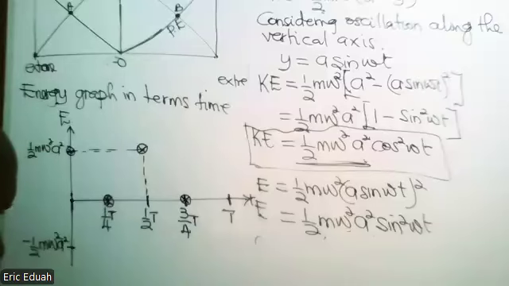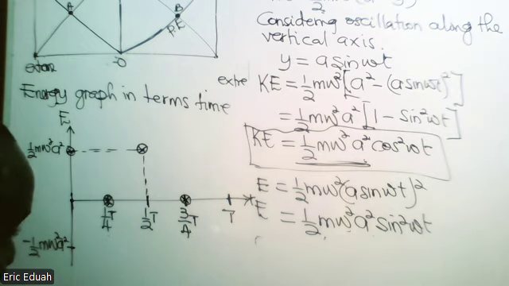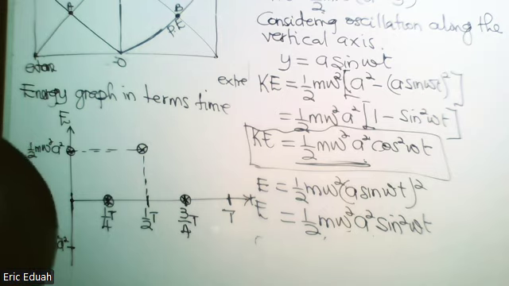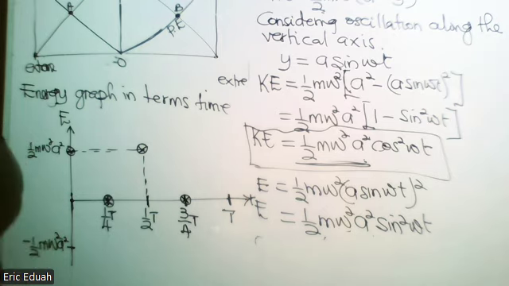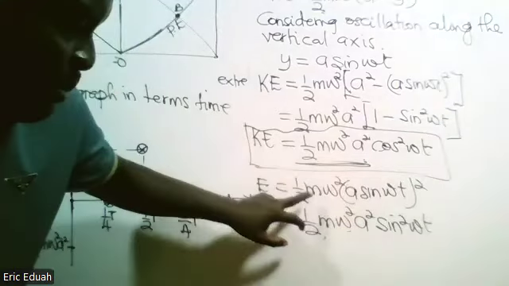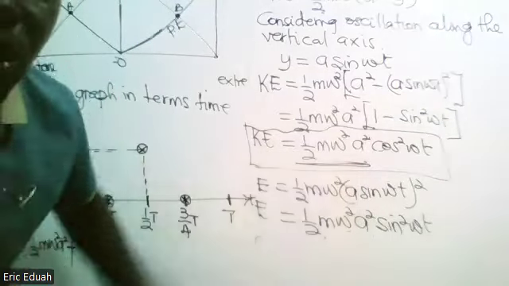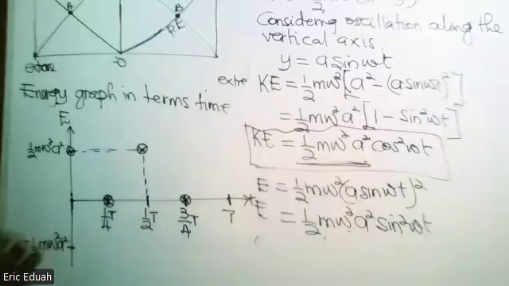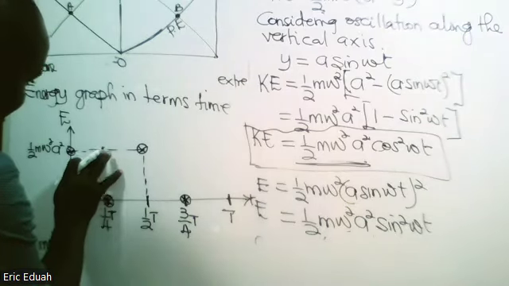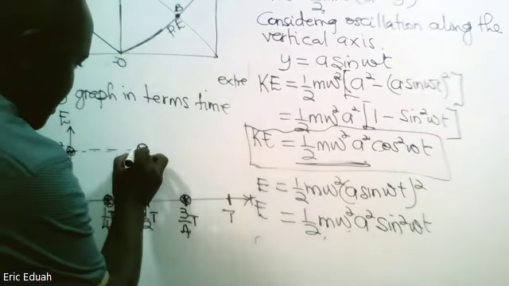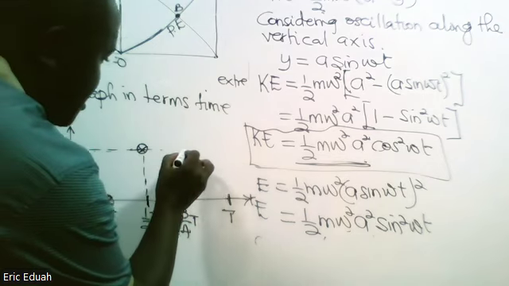If time is capital T or theta is 360, what will be the energy? Positive 1. So don't forget, this will give you +1, but times this, so it will be equal to the maximum kinetic energy. Is that okay?